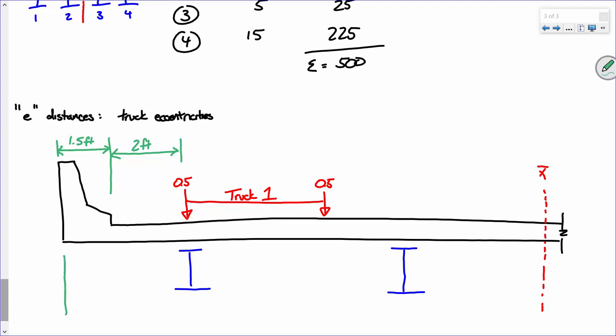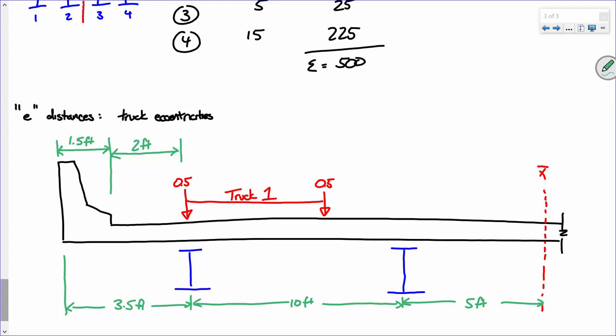This dimension here, three foot 6, so it's actually 3.5, because that's half a foot, right? And then this is 10 feet. And then what's this dimension right here? 5 feet. Okay. So far, so good?